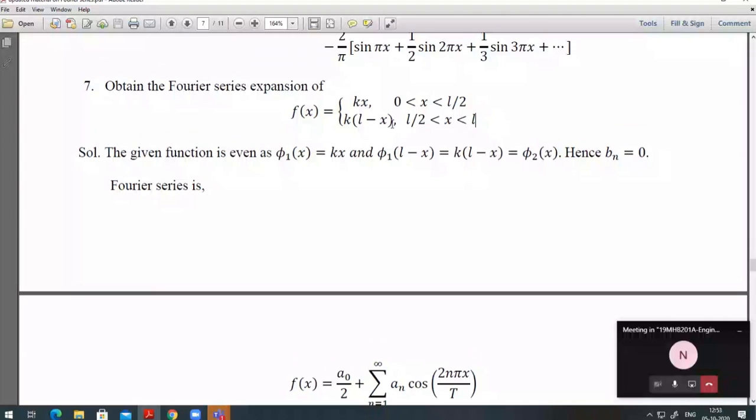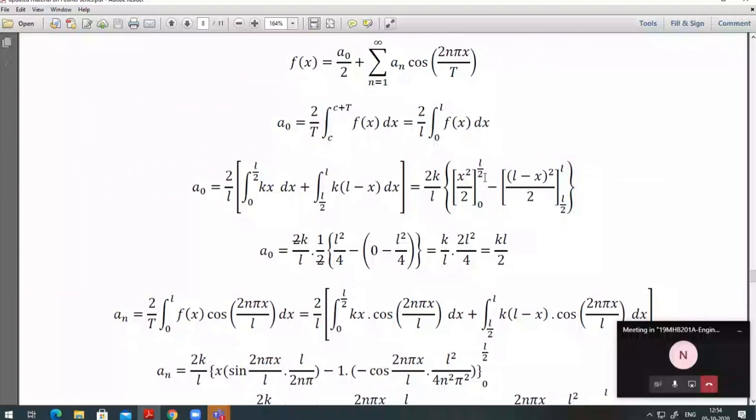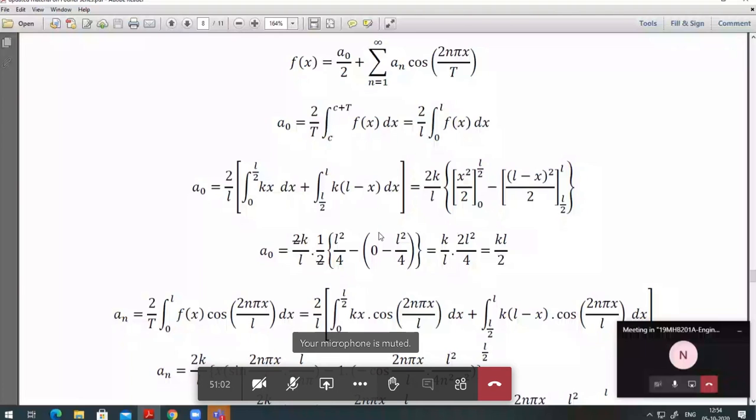Since it is an even function, you can simply write 2 times any one, so you will get the same answer. Similarly compute an, and you will get the required an as kL divided by n square pi square, times minus 1 power n minus 1.